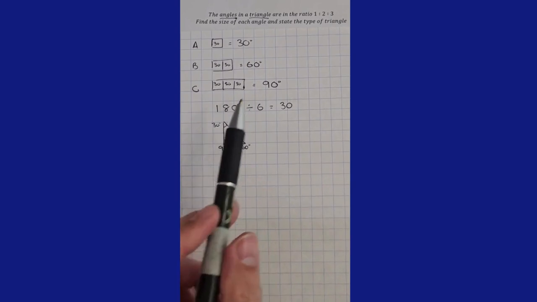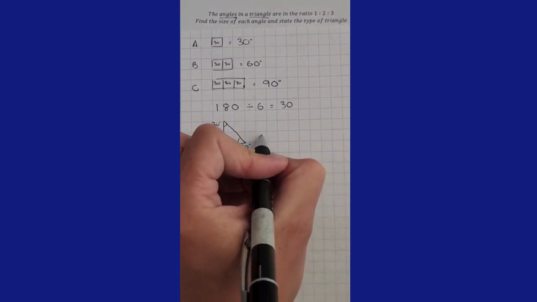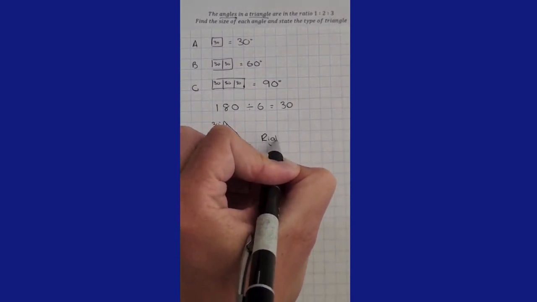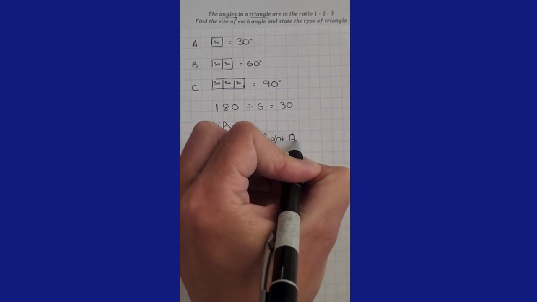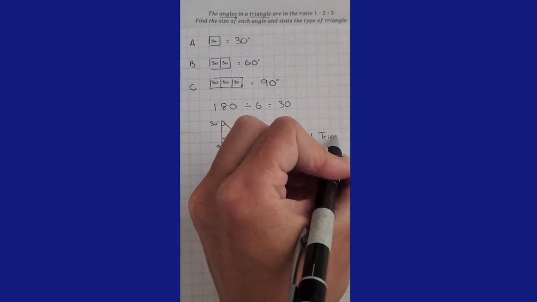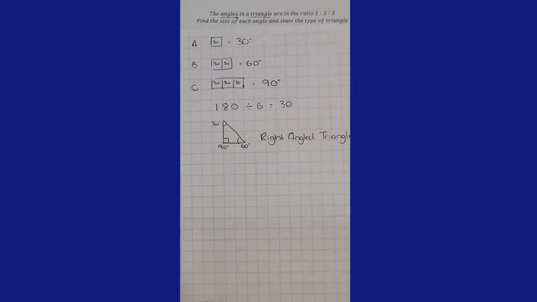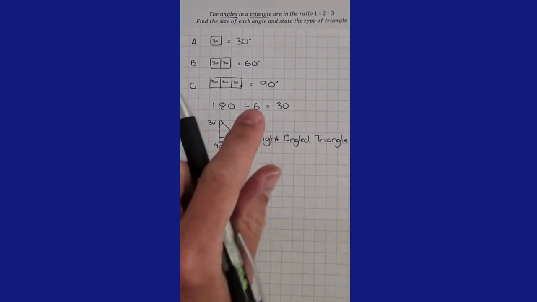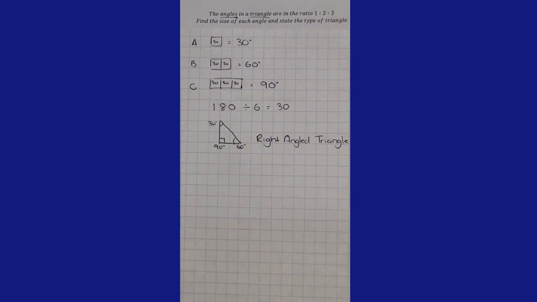I can see that I've got a 90-degree angle in my triangle, which means it has to be a right-angled triangle. So that would be your extra little mark, using your knowledge of what type of triangles I've got. And I know that because one of the angles has to be 90. So there's a little extension part to that one.